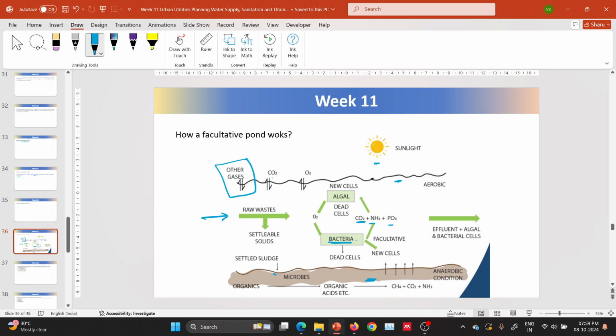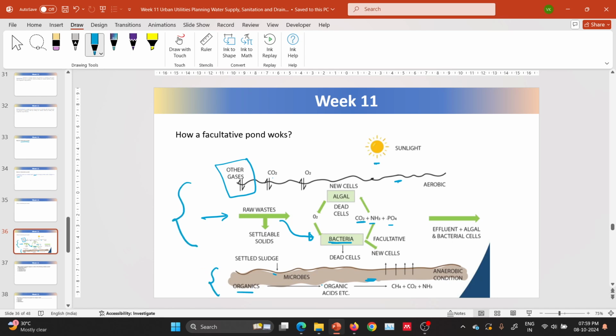These bacteria will further utilize oxygen and this sewage, and they will produce CO2, ammonia, and phosphate, and in that way the treatment happens. The relationship between algae and bacteria is called a symbiotic relationship. The effluent will contain algal and bacterial cells. This is the aerobic process, and in the bottom the anaerobic process goes on.